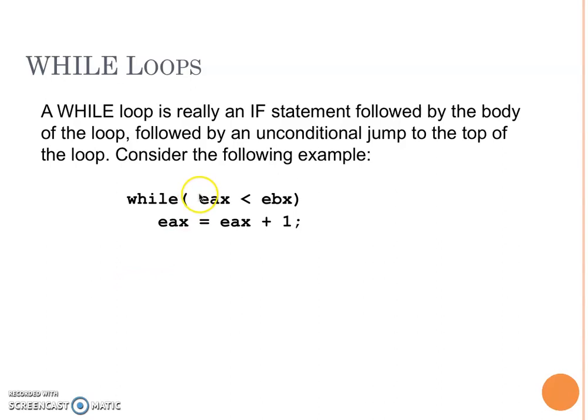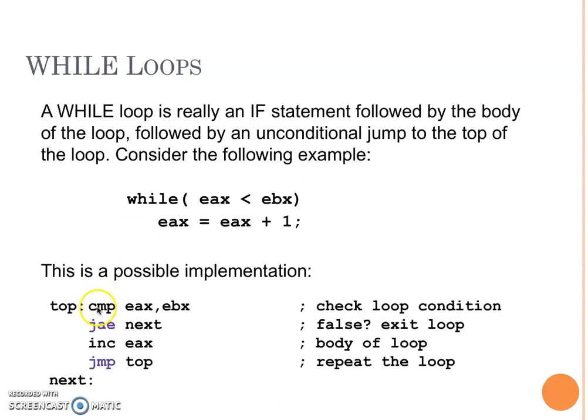Have you ever thought about that? Actually, a while loop is kind of another if statement. If this is true, I do this, but I also need to come back to here to check again. So you can think about what the while loop looks like. Actually, it looks like this, right?